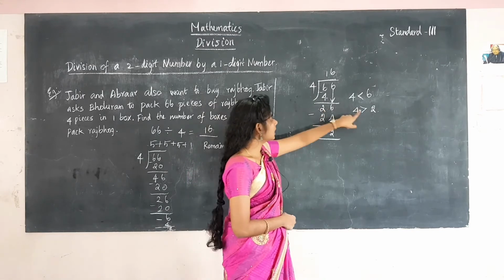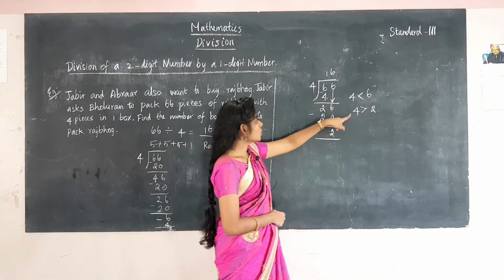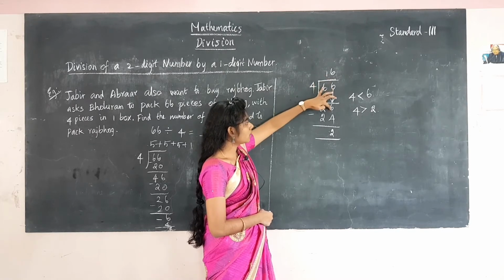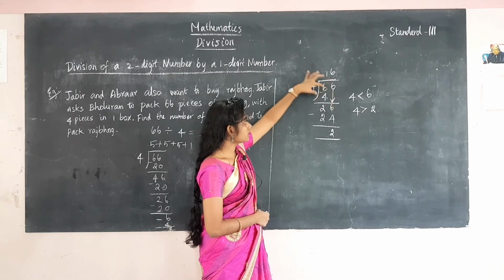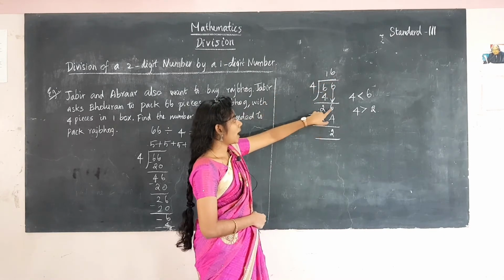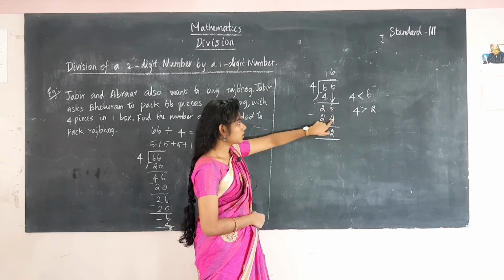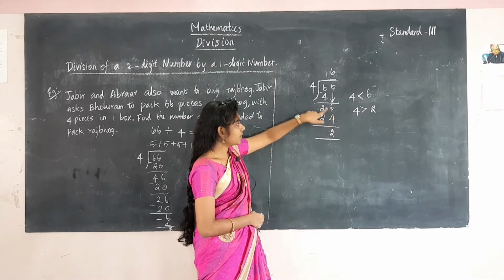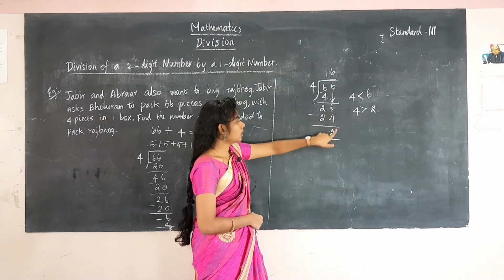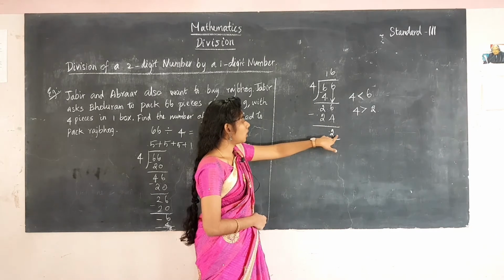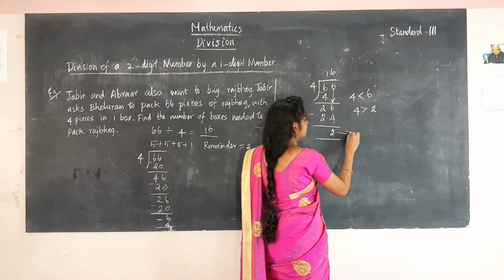Here the divisor is greater than the number, so you take the next place, 6, down, take these two numbers and say the table of 4. 6 4s are 24, and you subtract these two numbers in the ones place first and then in the tens place. 6 minus 4 is 2 and 2 minus 2 is 0. So we have got the remainder as 2. This is the remainder.